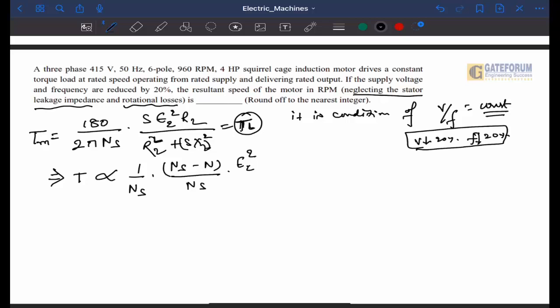It will be proportional to 1 by frequency square. So neglecting the rotor resistance, we can say that total torque is directly proportional to this, and rotational losses are also not there. So approximations can be taken, since the question says neglecting the stator leakage impedance and rotational losses. So we will approximate this torque equation.